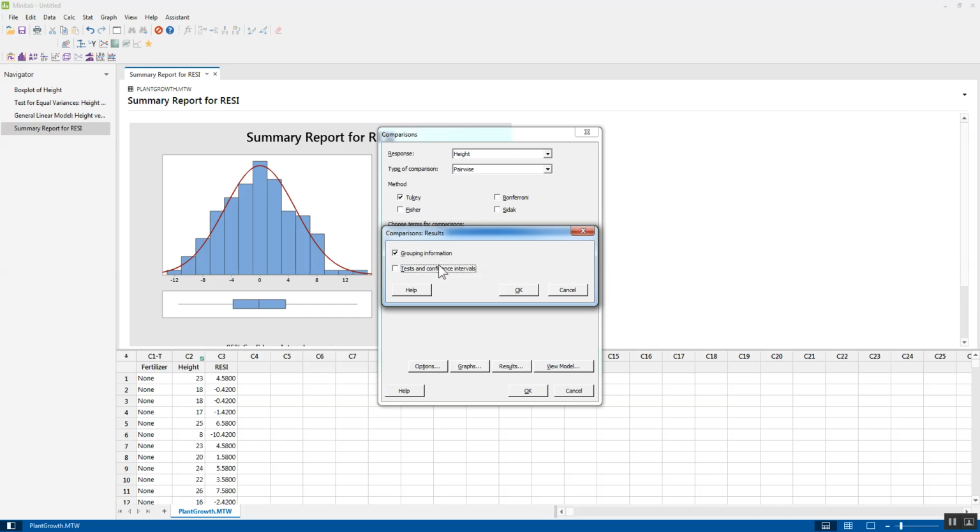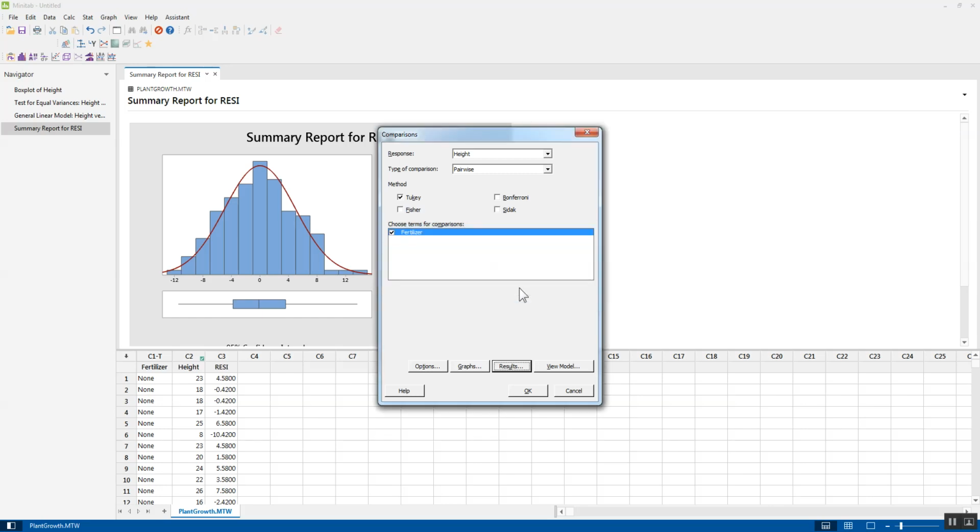I could also then ask for tests and confidence intervals, where I get the p-value against the null hypothesis that there is no significant difference in the mean plant height with the no fertilizer group compared to the mean plant height in one of the other fertilizer groups, whose name I've forgotten right now.